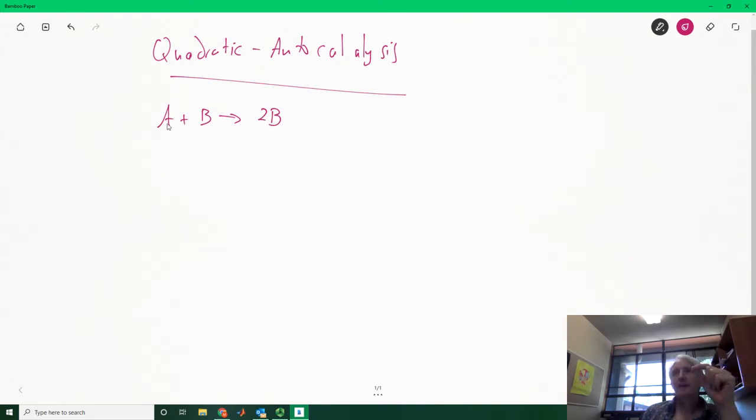But if an A hits a B, like you've got a little A floating around and it hits a B, when they collide they turn into 2B. So it's an autocatalyst.